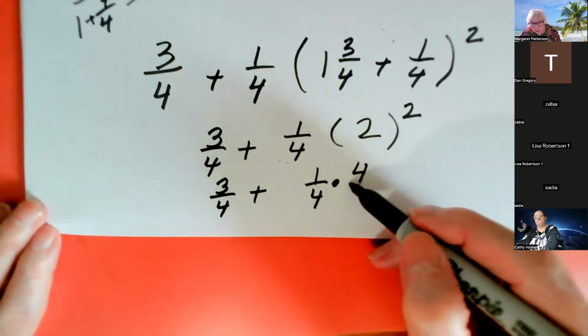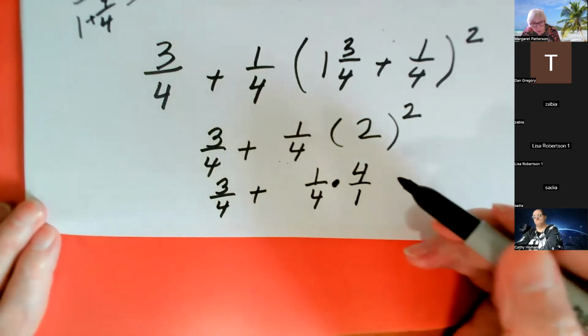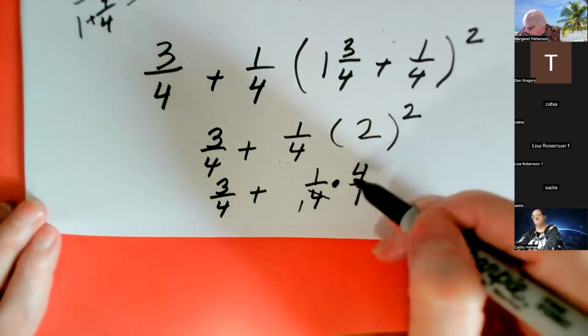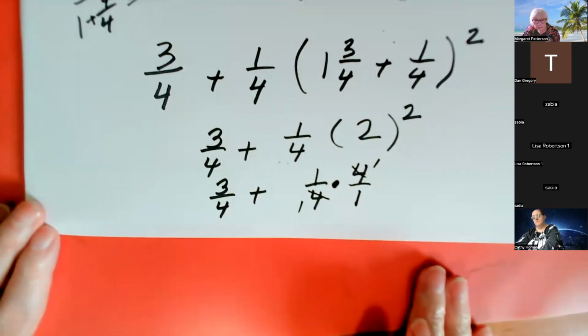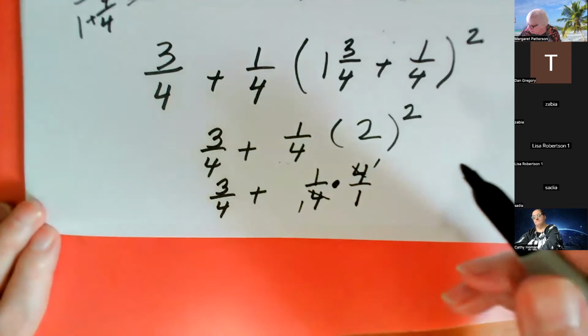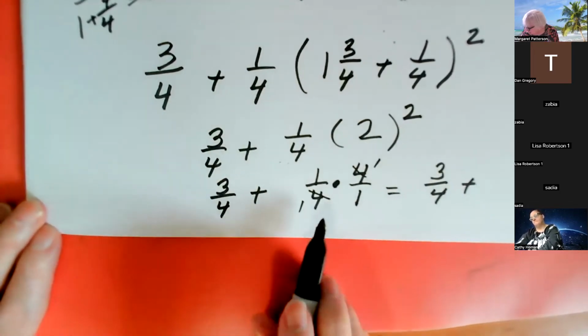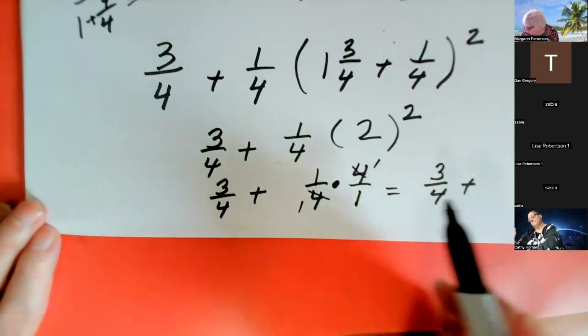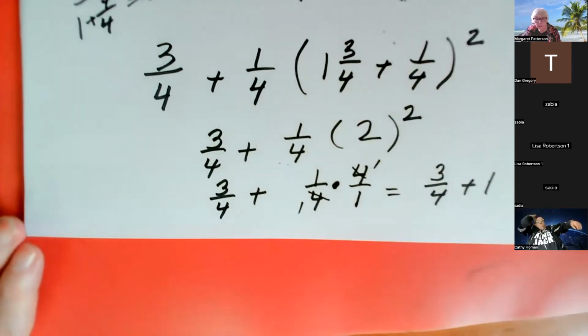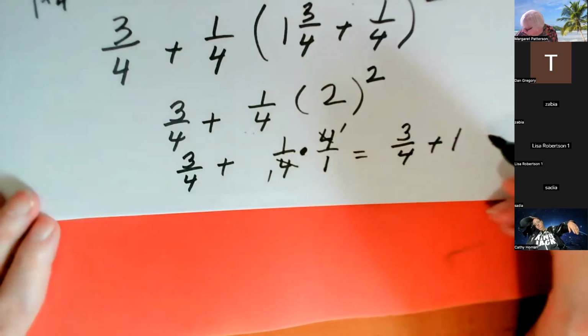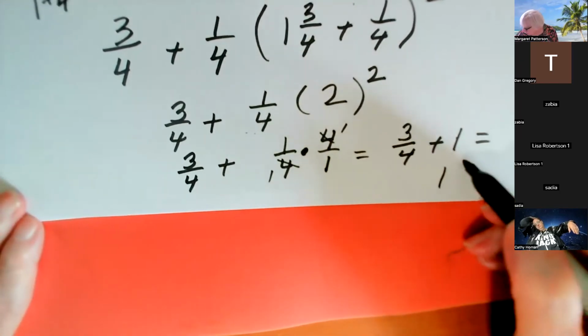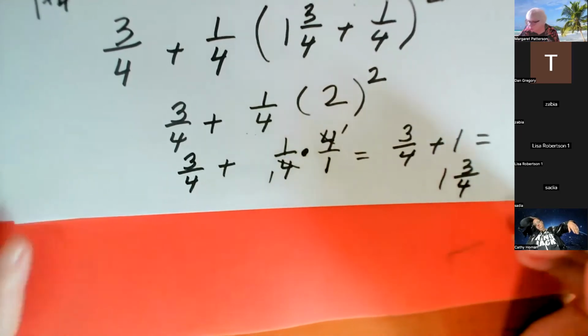A quarter multiplied by 4 is really 4/1. I would then reduce this. And so what I have left is 3/4, which I had from the beginning. And this is 1/1, which is 1. So an easy way to say that is 1 3/4.